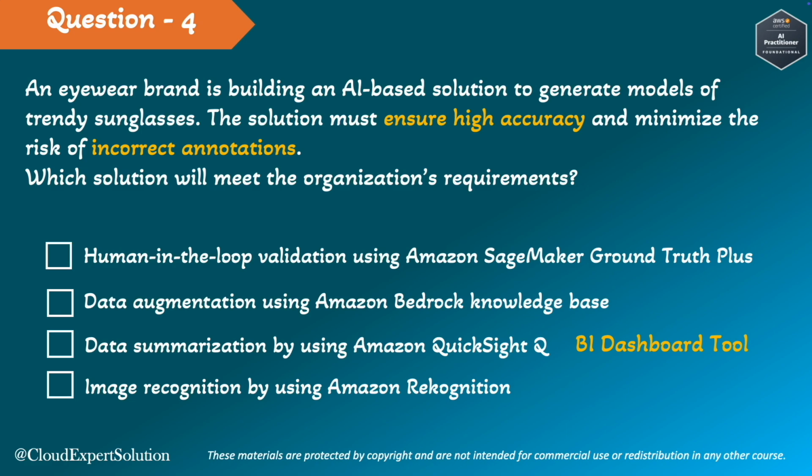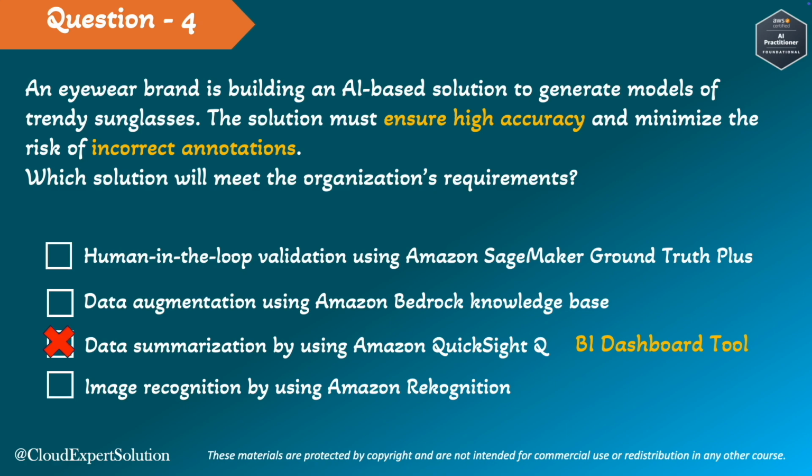It is not designed for generating or validating image annotations. To achieve high accuracy and minimize incorrect annotations, you need human review, which QuickSight Q does not provide. That is why option 3 is incorrect for us.